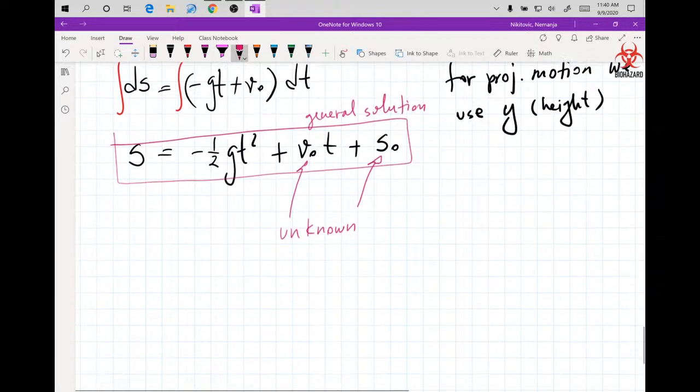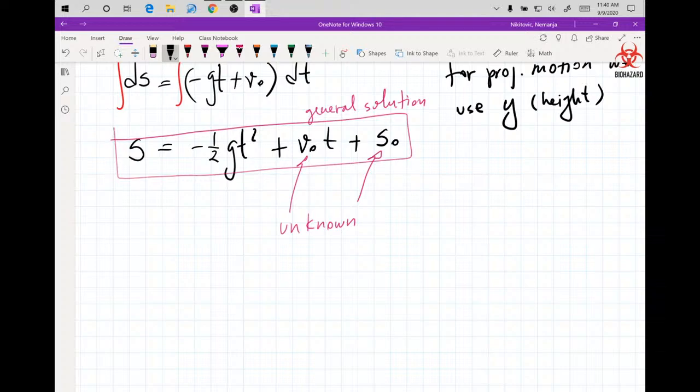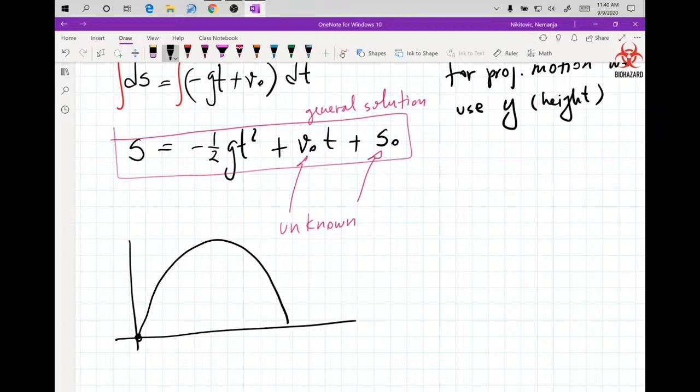Now I want you to think about throwing, let's say, a baseball or a snowball or a grenade, whatever, right? There you go. It lands right there, some position x away, and it's going to have this y max position.